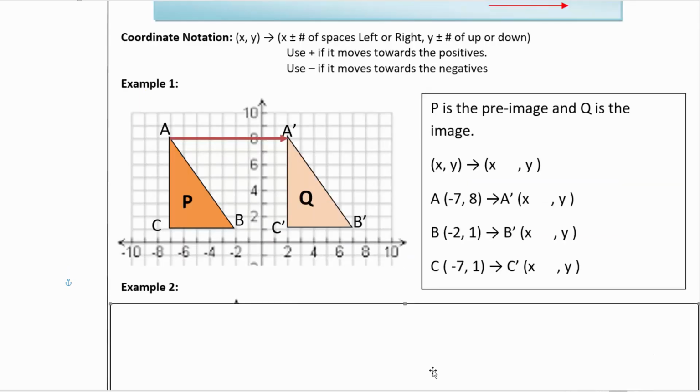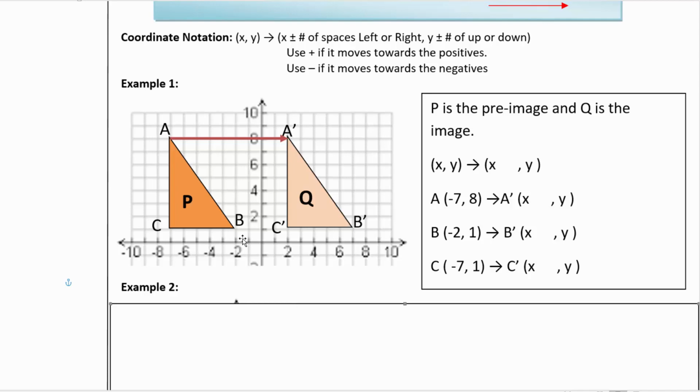So here's our first example. We have triangle P with the points A, B, C. So this is our pre-image, and it's been slid over to the right to create the image Q. So our job is to notice how it's been slid, what direction, and how many places on the graph.